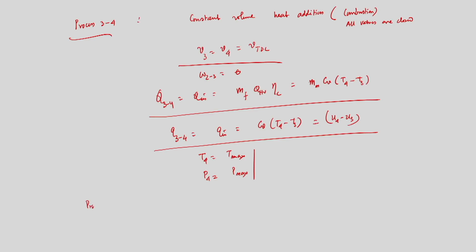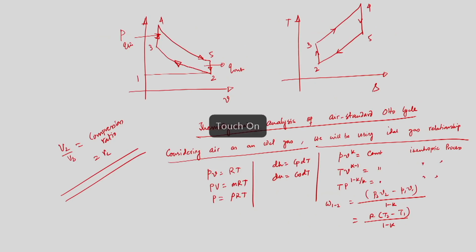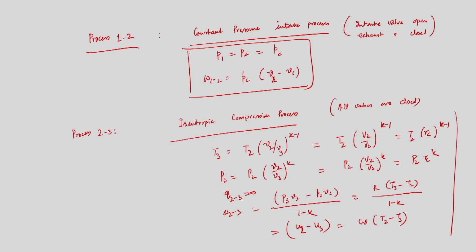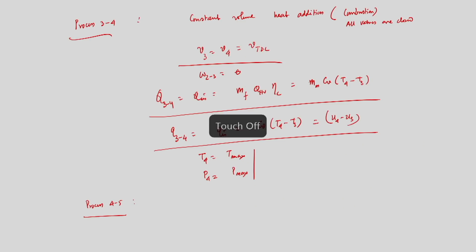Then process 4 to 5. What is process 4 to 5? If you go back to my previous slide, process 4 to 5 is isentropic expansion. So, if it is isentropic expansion, then of course we can write, but again we need to calculate pressure and temperature. T3 is equal to T max, P4 is equal to P max, that is what we obtain.